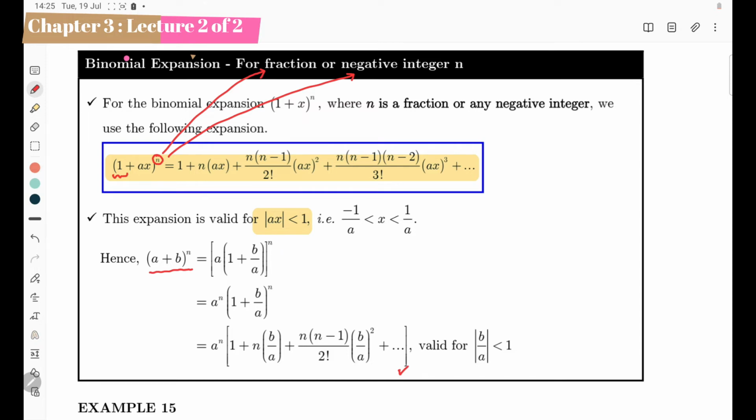Next, we expand each to the power n to get a^n times (1 + b/a)^n. Notice that we now have 1 in the bracket, so we can use the previous binomial expansion to expand this expression. And this binomial expansion is valid for modulus b over a less than 1.